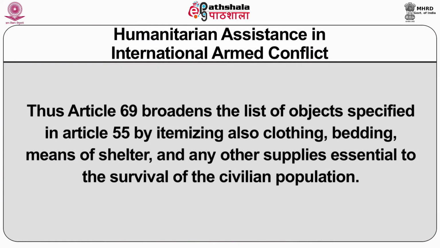Thus, Article 69 broadens the list of objects specified in Article 55 by itemizing also clothing, bedding, means of shelter, and any other supplies essential to the survival of the civilian population.